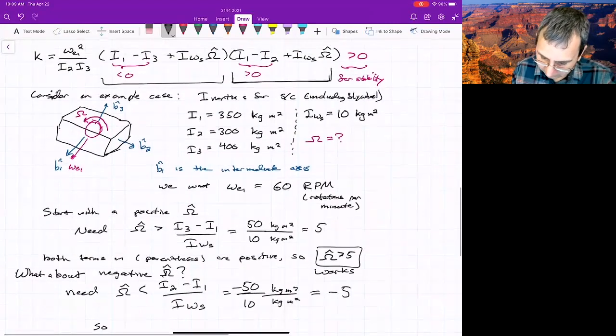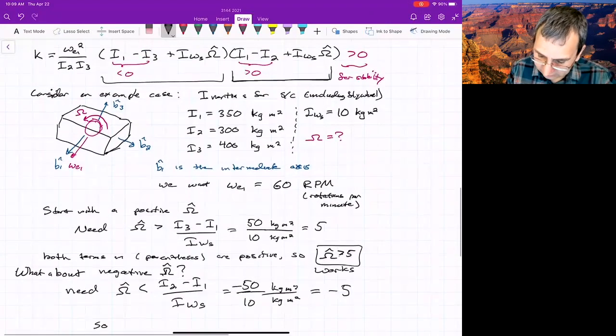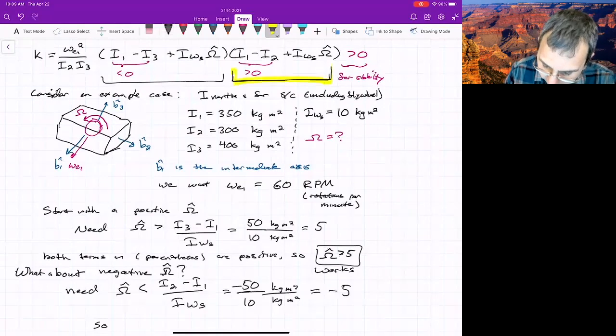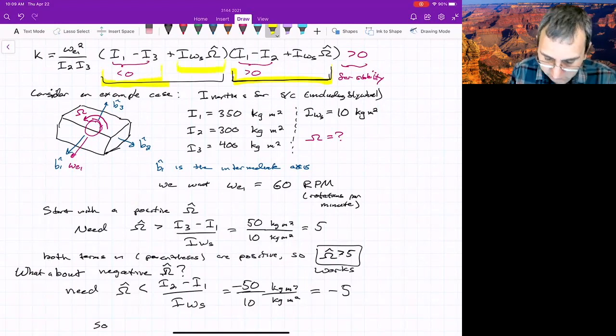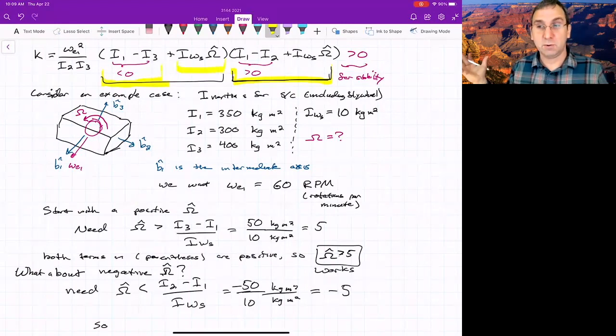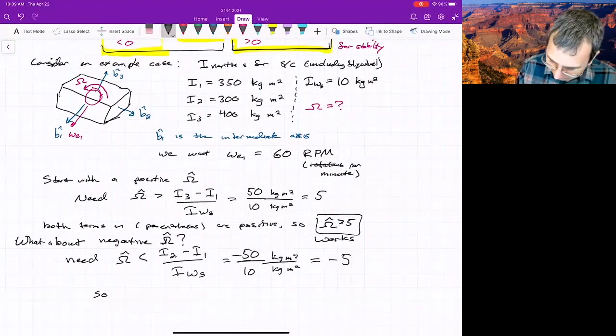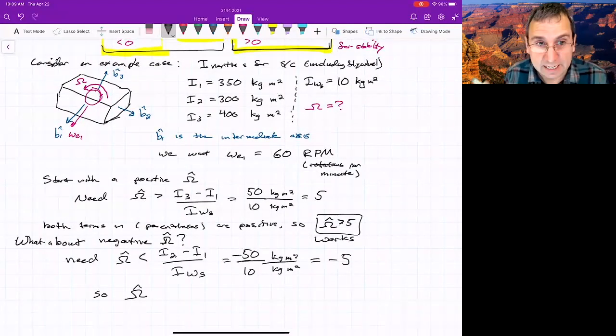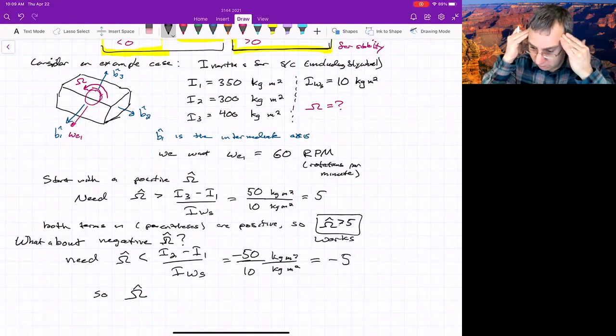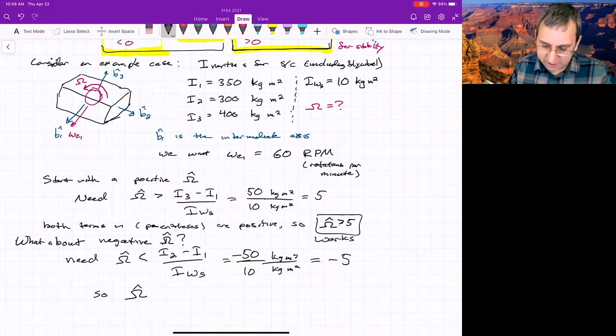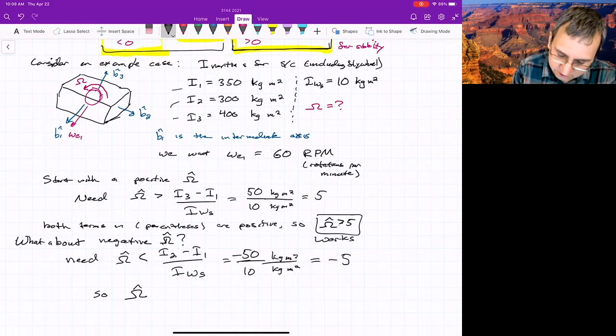So that makes this term negative. This term over here, because I1 minus I3 is already negative, you add in something that's also negative, they're both negative. It doesn't always work out to be symmetric. I know based on my examples, people will be like, I got +5, does the other one have to be the negative of the same number? No, because of the numbers that were chosen here, it just turned out that way.